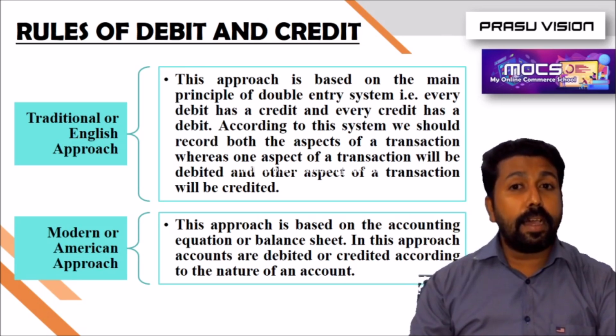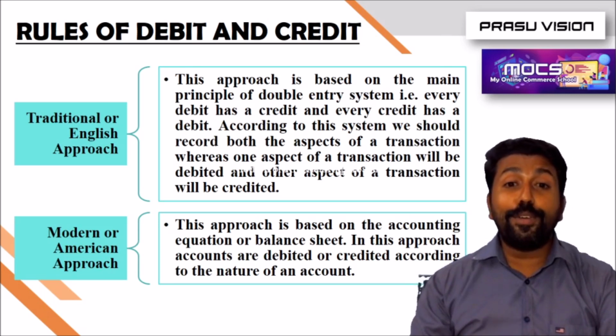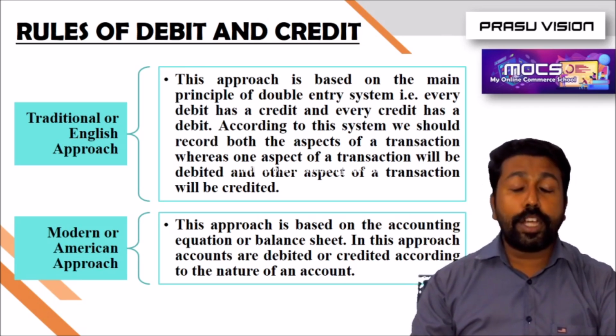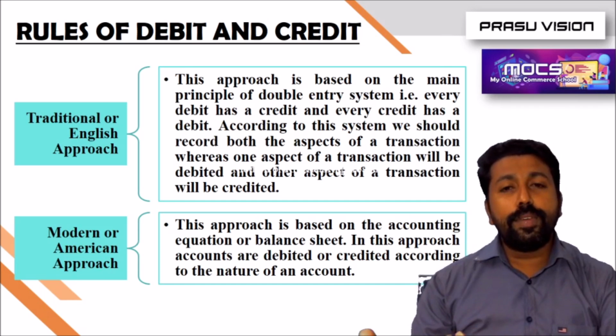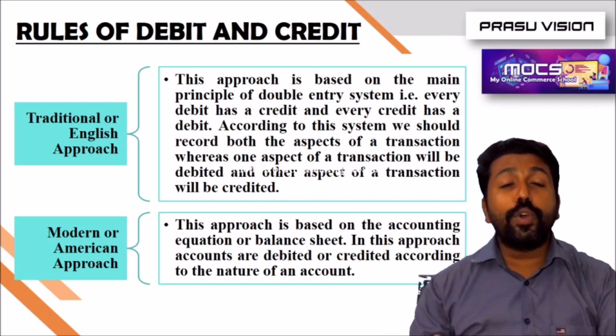The second approach is the modern approach, also known as the American approach. It is based on the concept of the accounting equation that we have already learned. In this approach, accounts are debited or credited according to the nature of the account, whether it is increasing or decreasing.